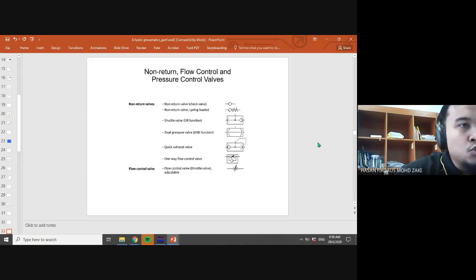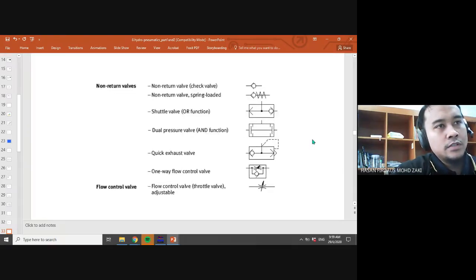This one you can go through first, but we'll go through it more deeply in our next sessions. Okay, so this one is the non-return valve. This non-return valve is like a ball.